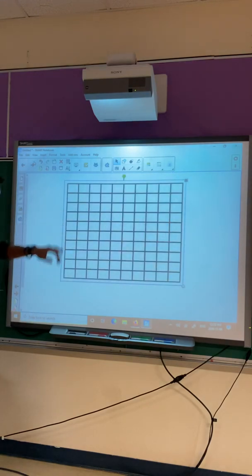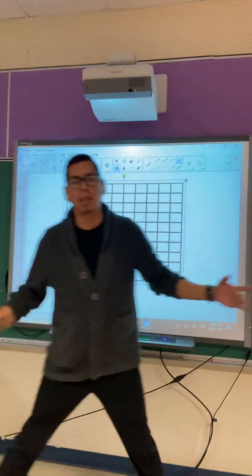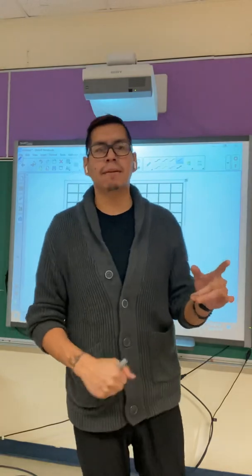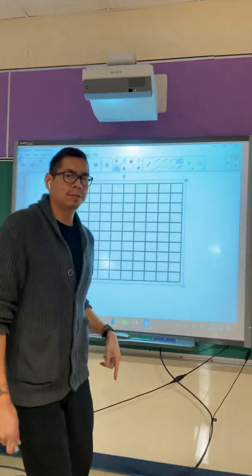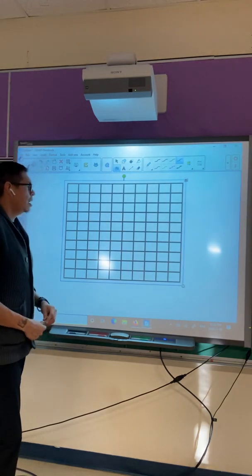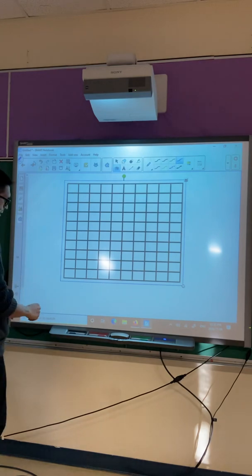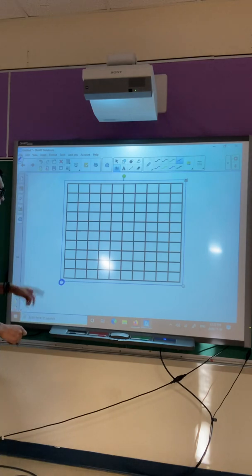So here we have a graph. Remember, x goes left and right, but in this case, we're staying in the first quadrant. And y is up or down, vertical. Anyways, on the graph, this is 0 on the x and y. It's our origin.